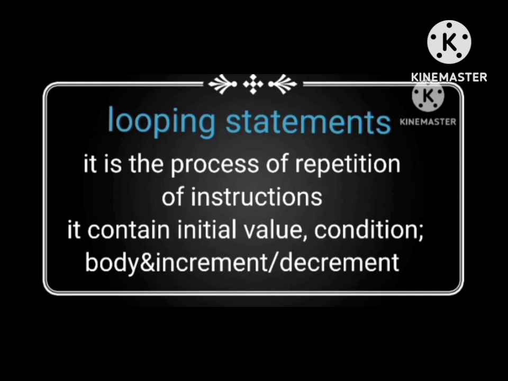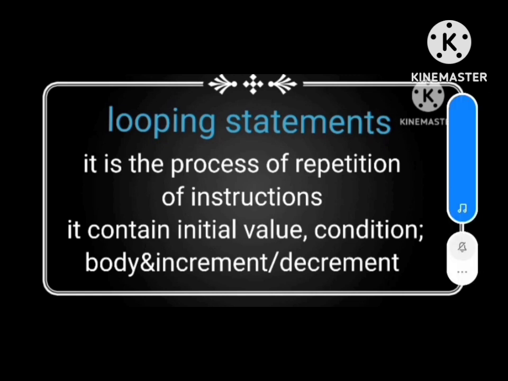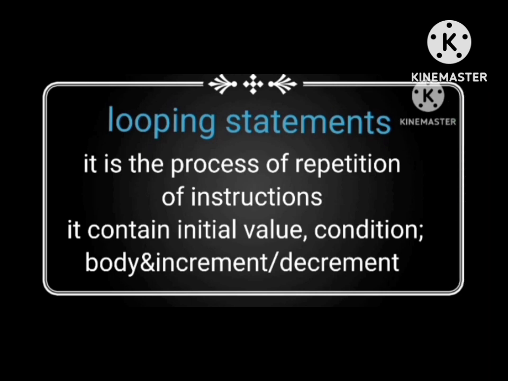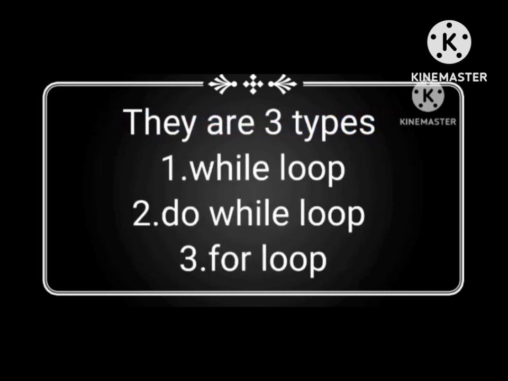The C language has three types of looping or iteration statements: 1. While, 2. Do while, 3. For loop statements.